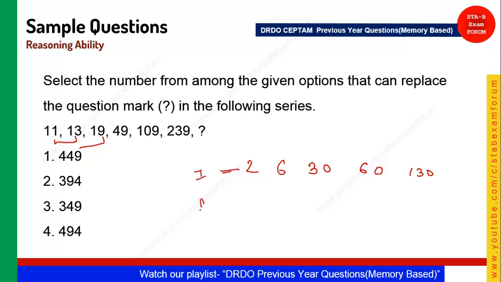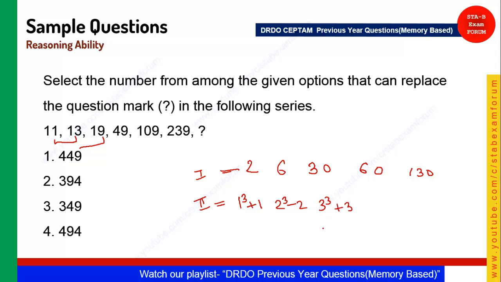The second difference, in this particular question, how did we get this number? We obtained it from this series: 1 cube plus 1, okay, 2 cube minus 2. 2 cube is what? 8. 8 minus 2 is 6. Now 3 cube plus 3.